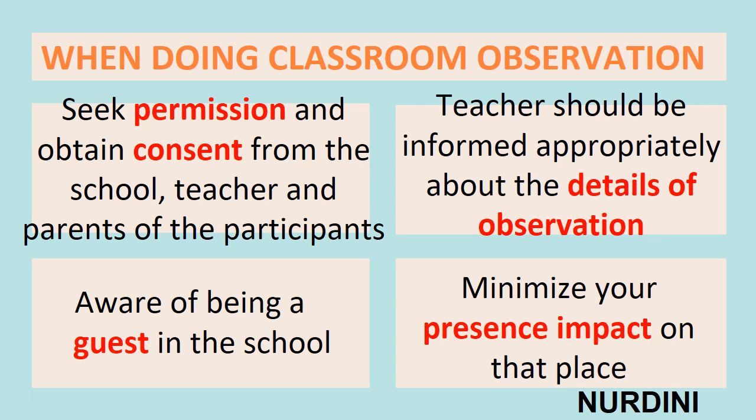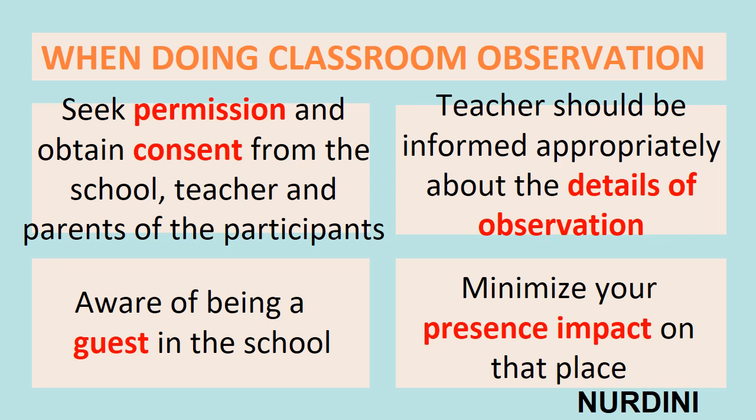We can ask help from our faculty to provide us with a permission letter, and also we can take our own initiative to write a formal letter and explain a little bit about our research and submit it to them a few weeks earlier before we go for classroom observation.